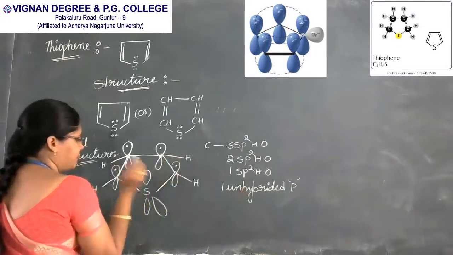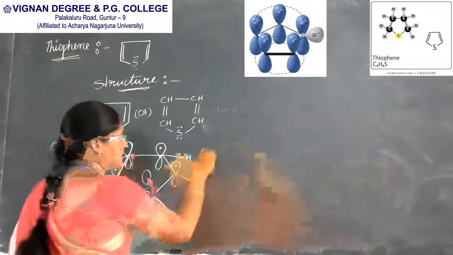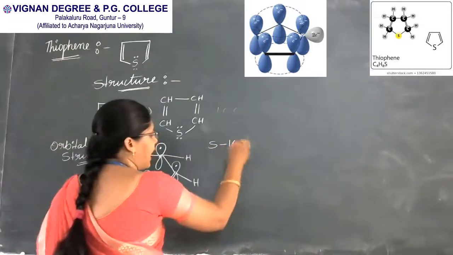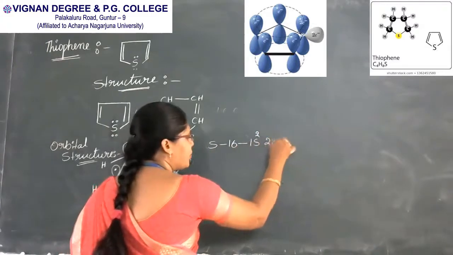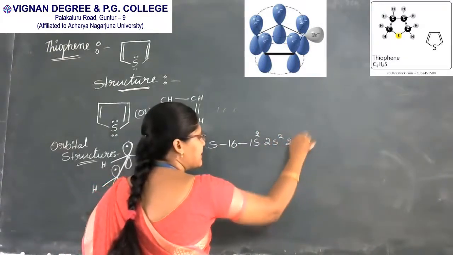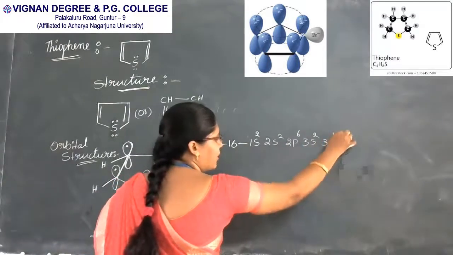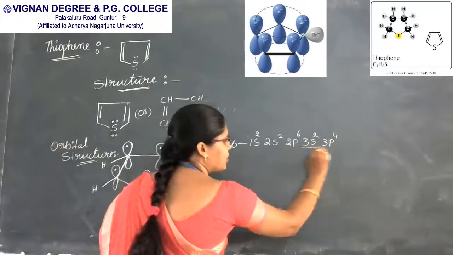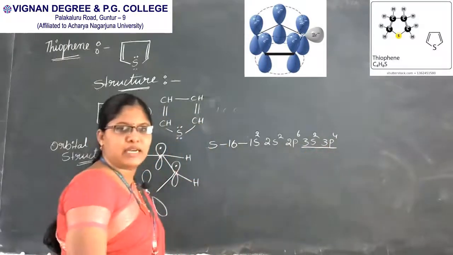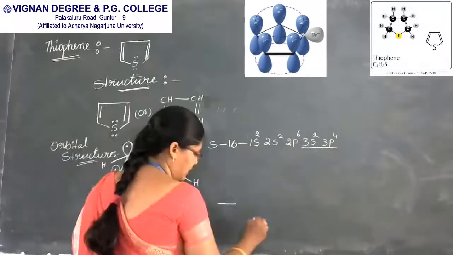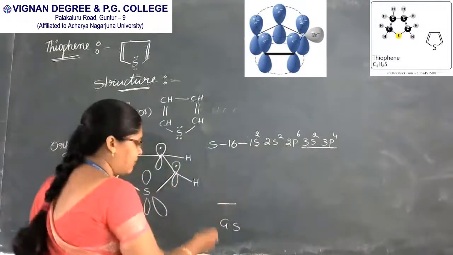The atomic number of sulfur is 16, and its electronic configuration is 1s2, 2s2, 2p6, 3s2, 3p4. That means the outer shell orbitals, 3s and 3p, contain a total of 6 electrons. Let us see the ground state electronic configuration of the sulfur atom.